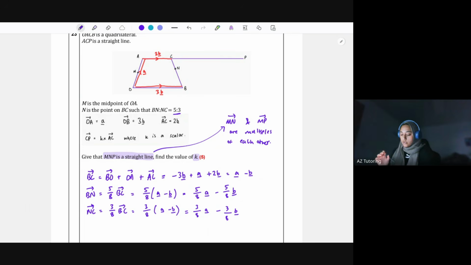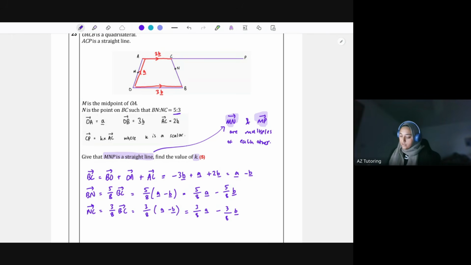Now I'm going to use these vectors that I've just found, as well as everything on the diagram, to find both MN and MP, because we know that they all lie in the same straight line. The question told us that, and we know they're multiples of each other. So hopefully that helps us.